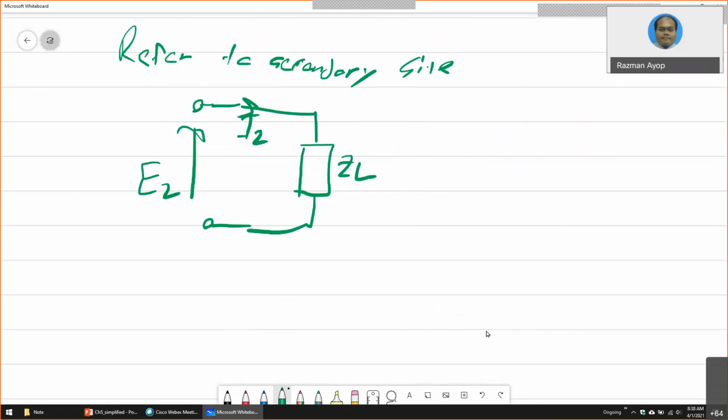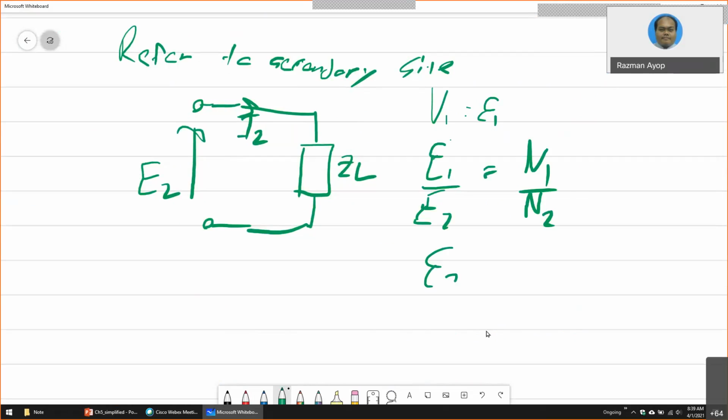So remember that for ideal, V1 is equal to E1. So E1 divided by E2 equals N1 divided by N2. So E2 is equal to N2 divided by N1 times E1.